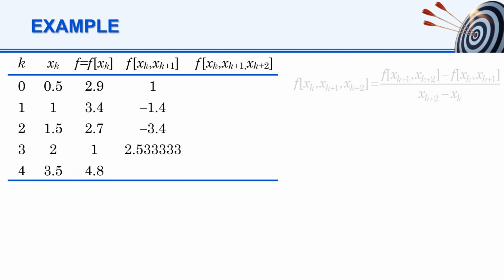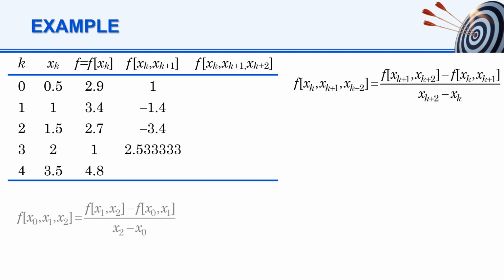The second-order divided difference, f[xk, xk plus 1, xk plus 2], is computed using the first-order differences in the fourth column and abscissas of the extended x-interval. The first element of the fifth column, f[x0, x1, x2], is calculated as follows.